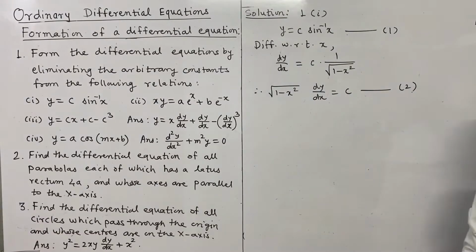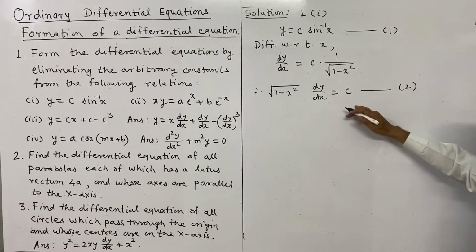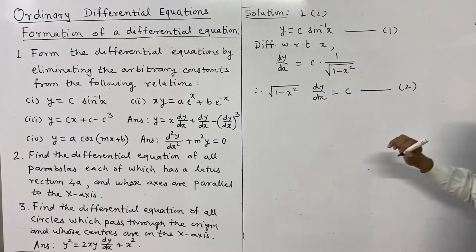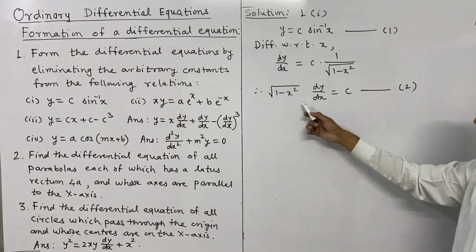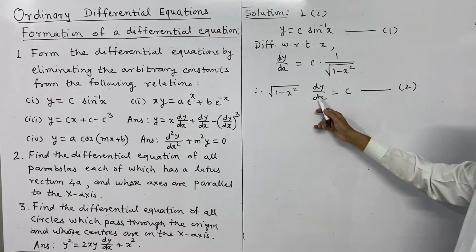Now we can eliminate the arbitrary constant using the original relation and the equation obtained by differentiating it. Here we have obtained the value of c directly: c is √(1 − x²) dy/dx.